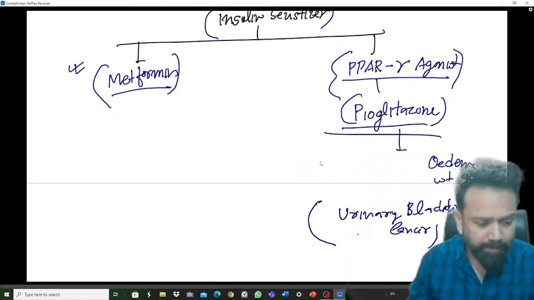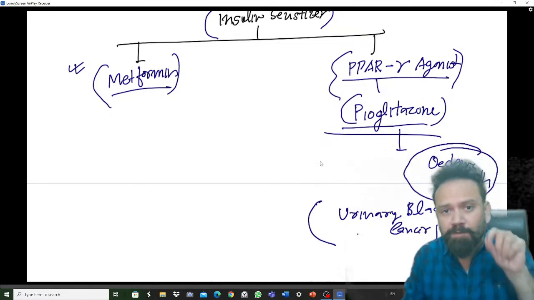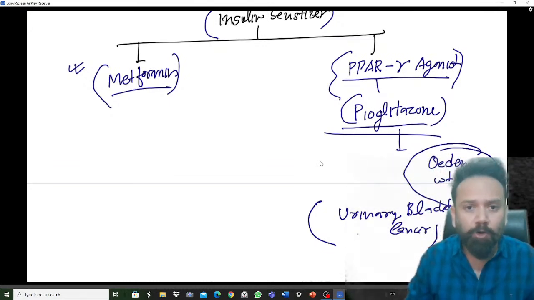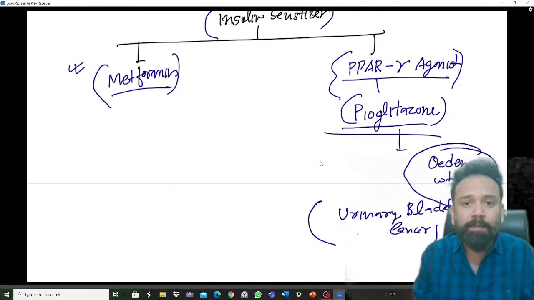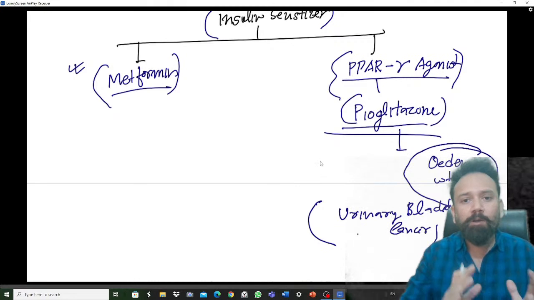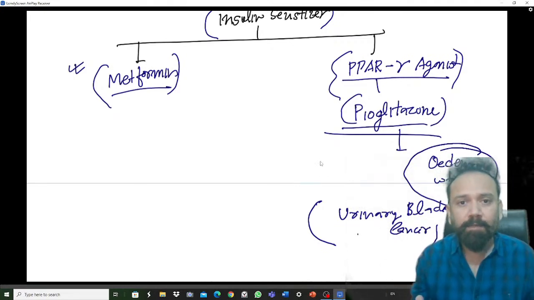So the problem here, doctor, is that it causes edema and weight gain. Otherwise, believe me, it is one of the best drugs because it acts on receptor physiology. Especially in Indians, we are not having the problem of being overweight; we are having central obesity, and central obesity is the root cause. See, if you are 100 kilograms and your whole body is in sync, it is okay.